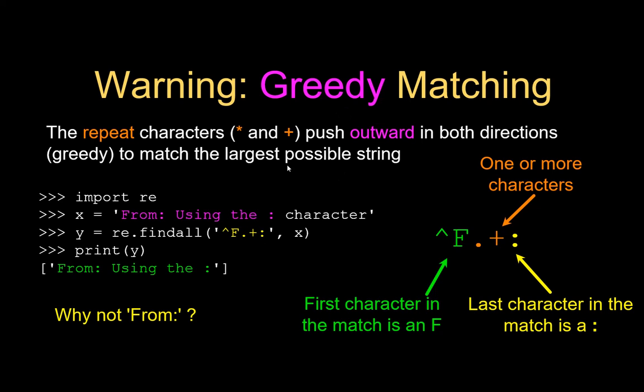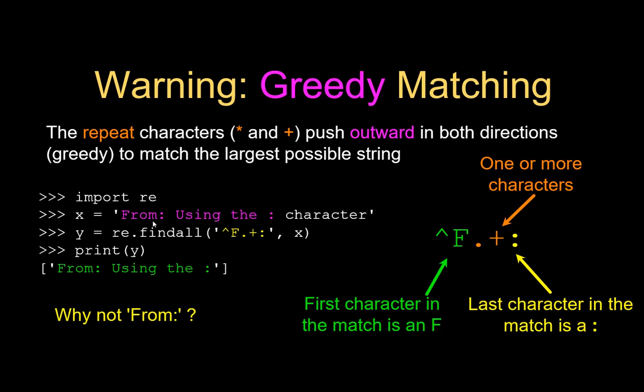Because this is greedy matching, we don't stop with the first match, we continue, and when we print y, this is the string that we get. The reason is because it's greedy, it goes further even if it finds the first match.